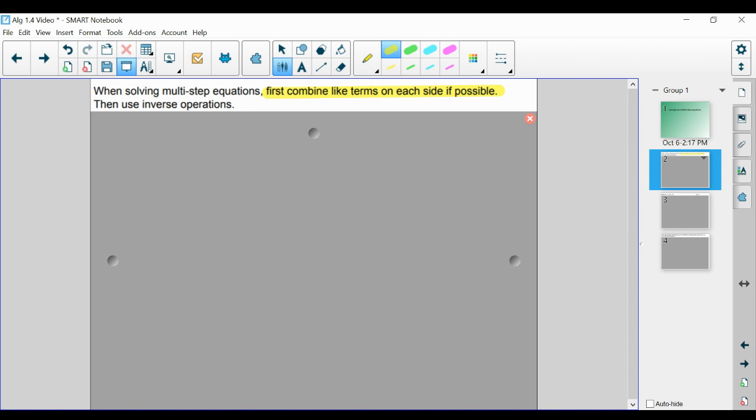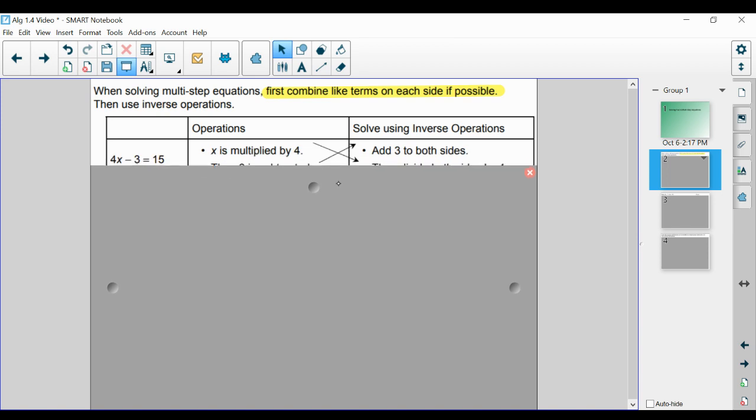We want to simplify the left-hand side and the right-hand side before we start moving things around. It's going to make our lives simpler and make the understanding of how to find the value of our variable much more direct. So we always simplify before we start to do anything else. But once everything is simplified, then we're going to use inverse operations.